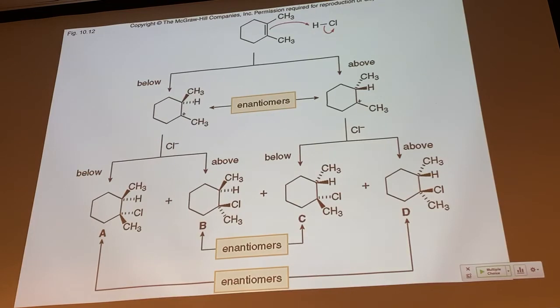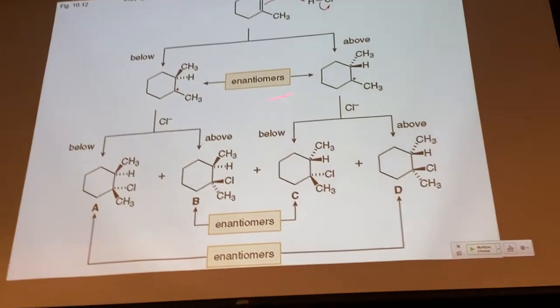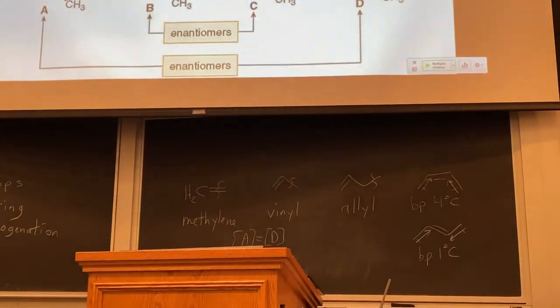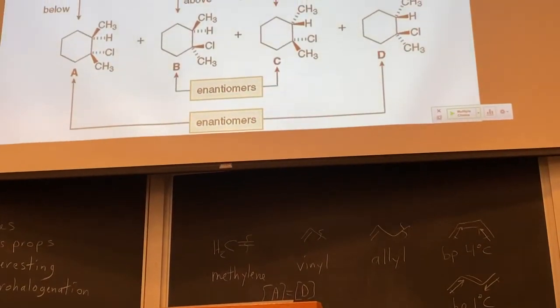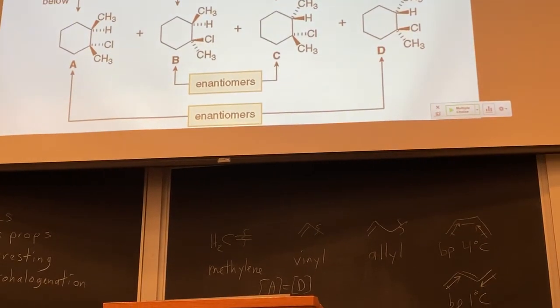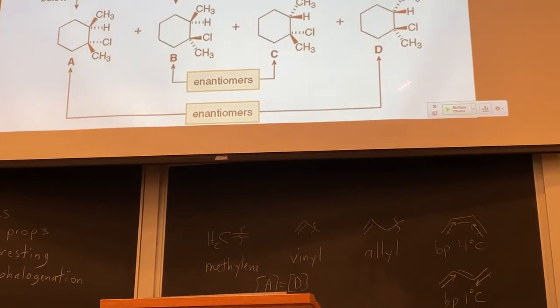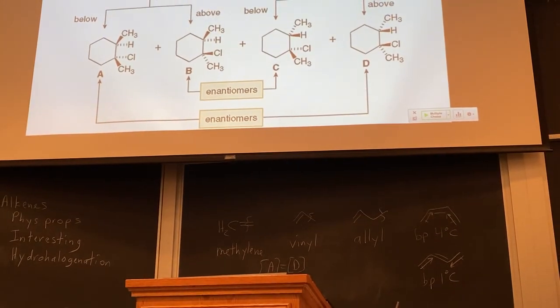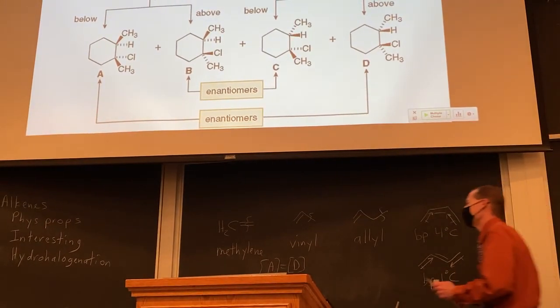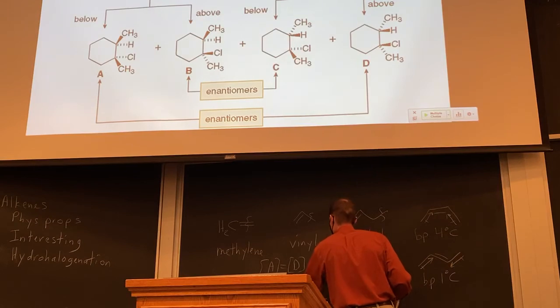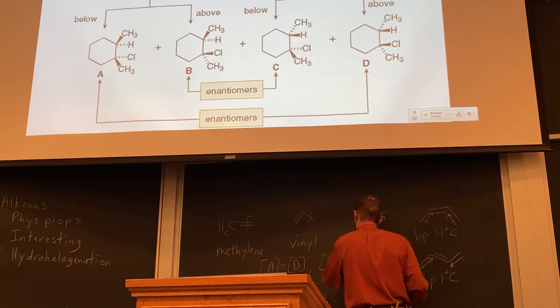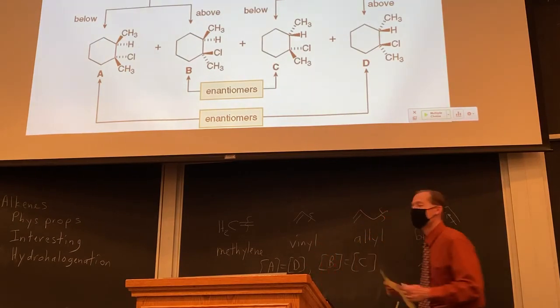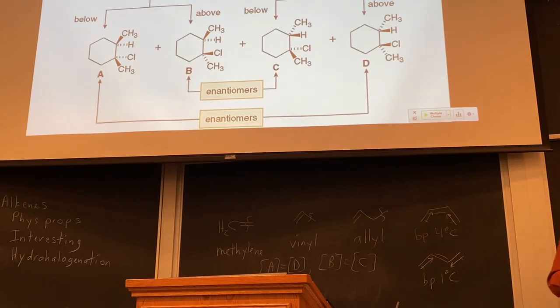So A is going to equal D because those are the two major products. We formed a one-to-one mixture of these enantiomers, and so the major products from those two enantiomers are going to be formed in equal concentrations. And that's good because those are enantiomers of each other. We know they're supposed to be formed in a one-to-one mixture because we have achiral reactants. Similarly, we can say that the concentrations of B and C will be identical to each other.